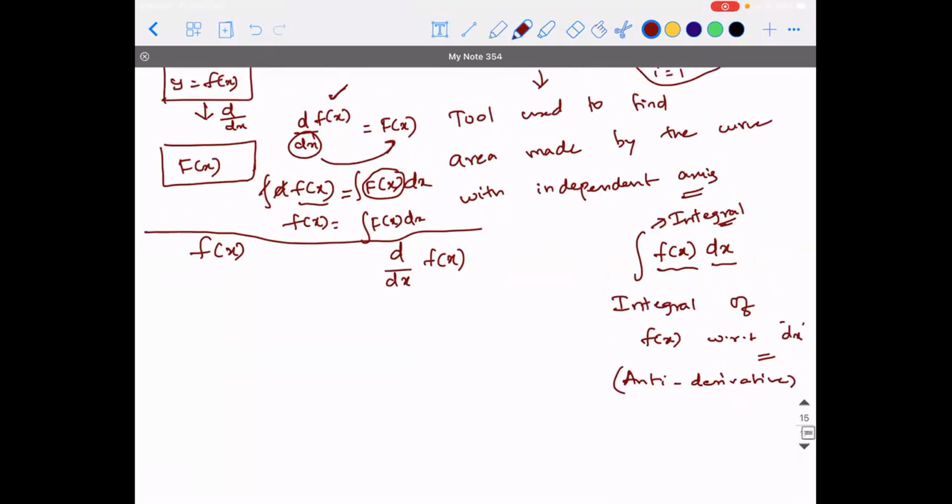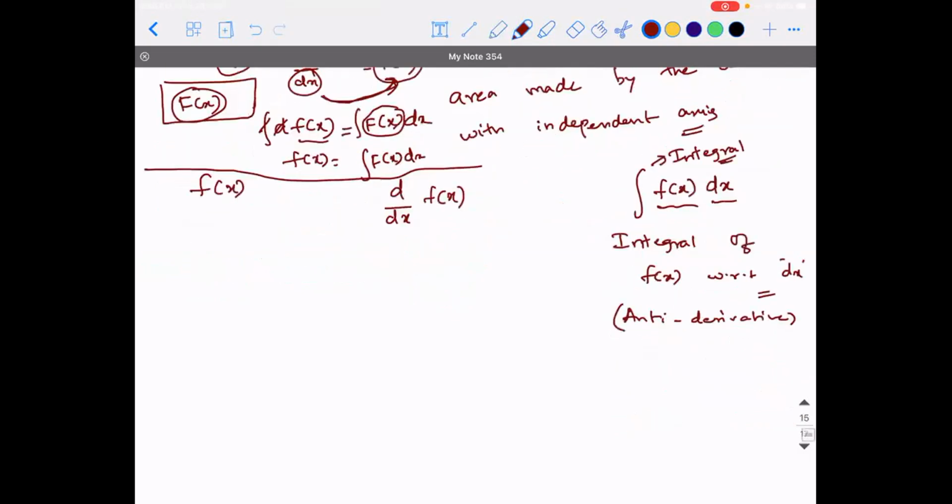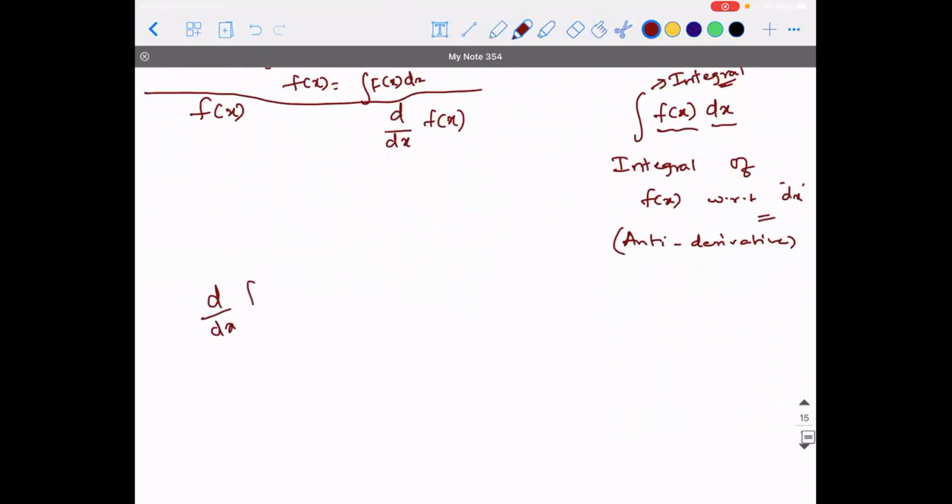See, I'm saying if a function y is equal to f of x is given, you differentiate small f of x and you get capital F of x. So d by dx of f of x is equal to capital F of x.